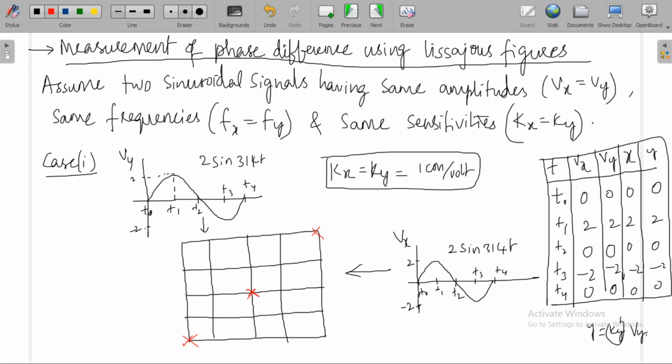So you are going to get a diagonal straight line.